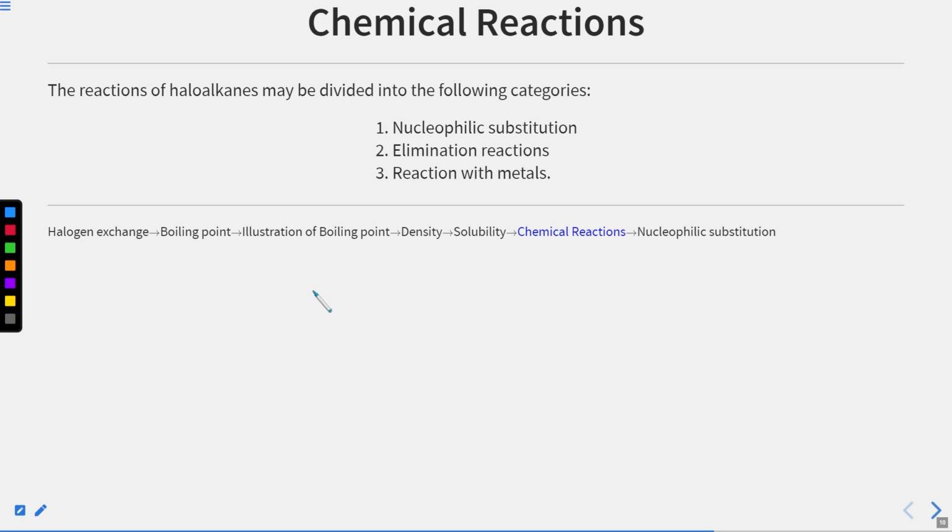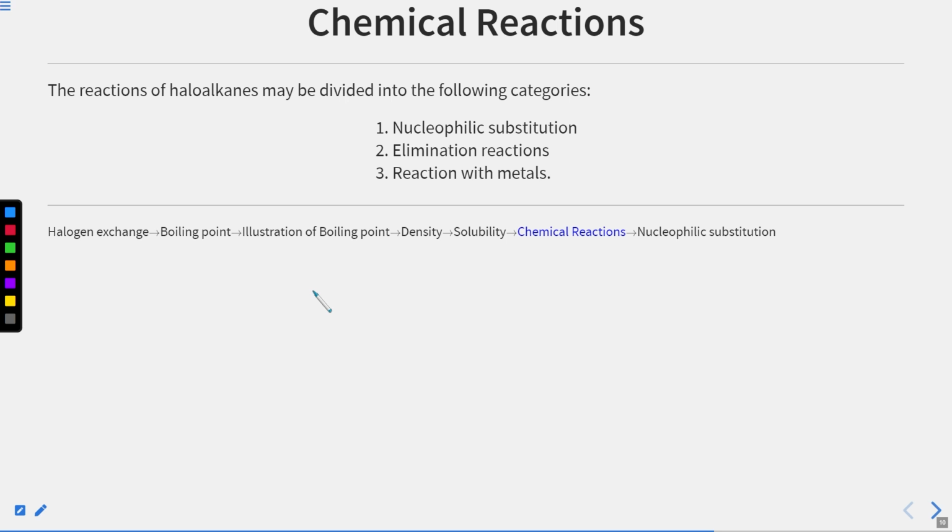And you know very well that due to the polarity of the C-X bond, X has a partial negative charge and carbon has a partial positive charge. So the positive center provides the site for nucleophilic attack because it is positively charged. Now the nucleophile can attack and remove your X.